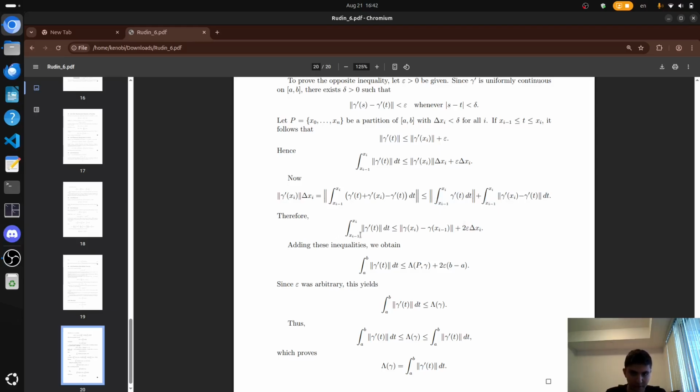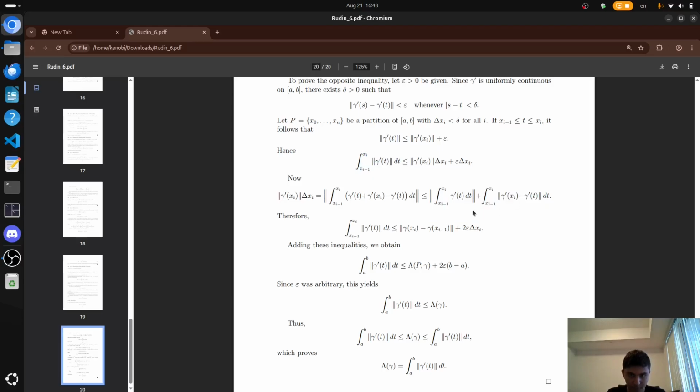Therefore, the absolute value of gamma prime of t dt, this thing is less than or equal to this thing, which is less than or equal to these things. So this thing is less than or equal to this thing.